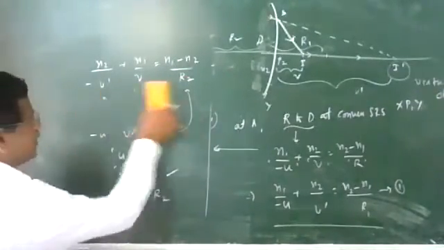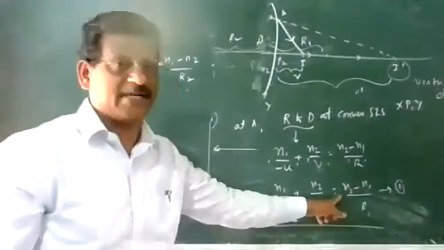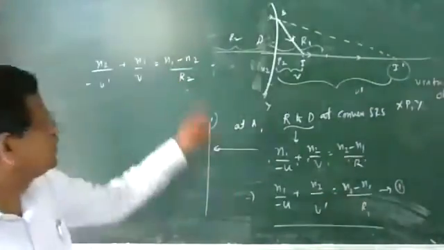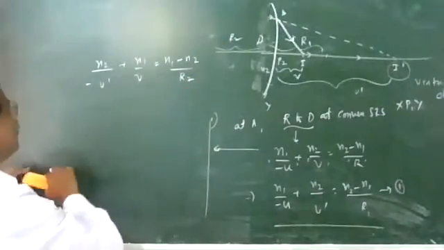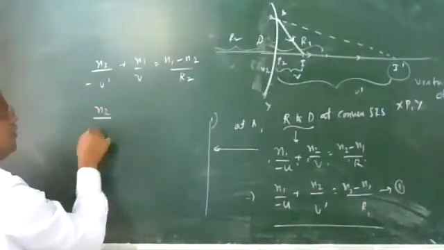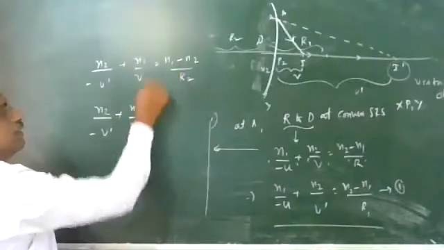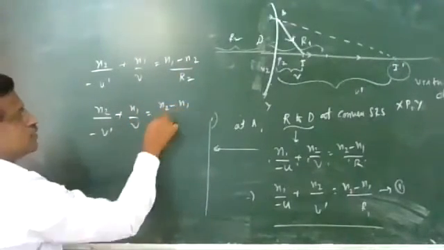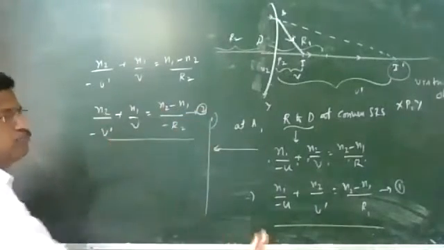A little arrangement: look at the first equation, the right side is n2 minus n1. Here it is n1 minus n2, make it n2 minus n1. Only that change. So n2 upon minus v dash plus n1 upon v is equal to n2 minus n1 divided by R2. The first equation is completed.